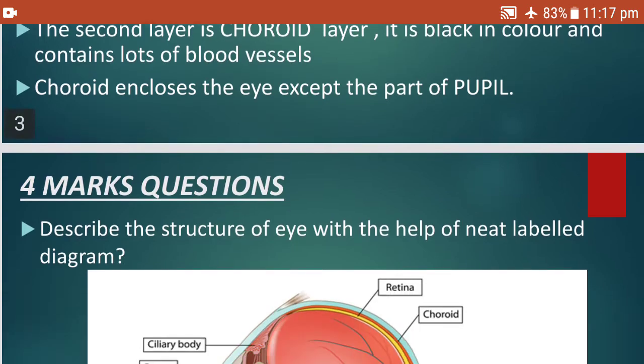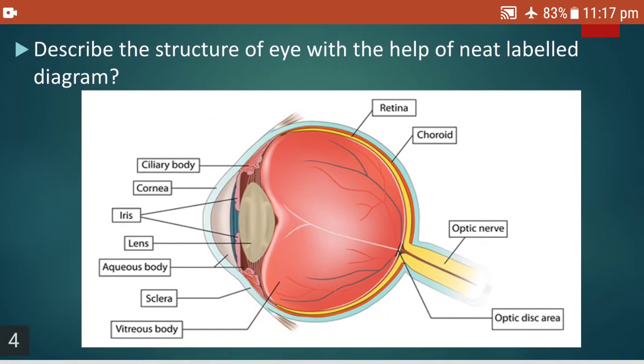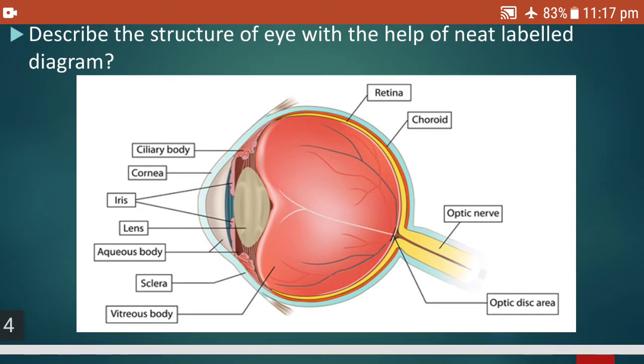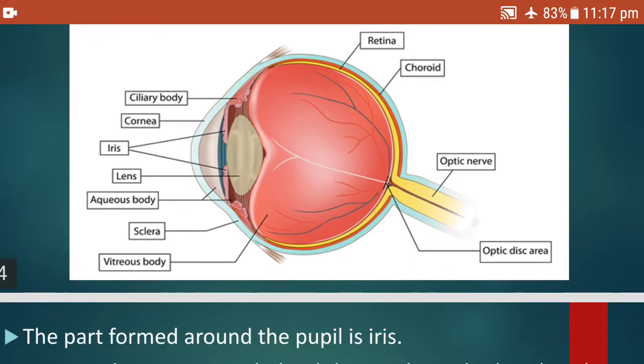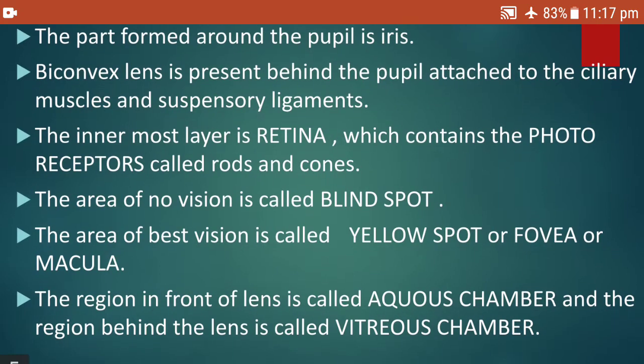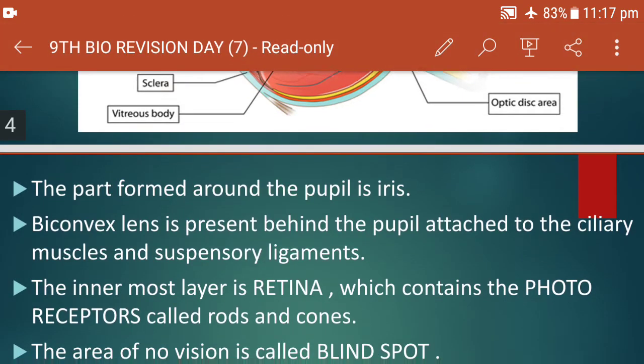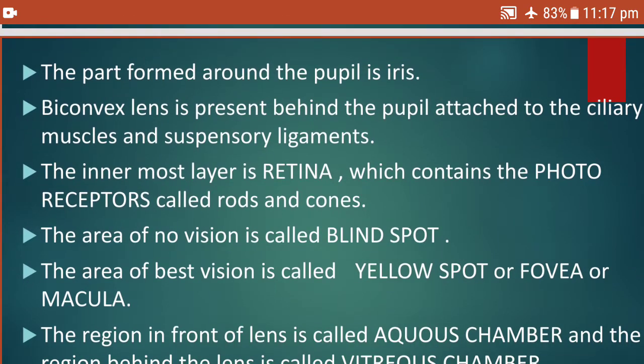The choroid encloses the eye except the part of the pupil. The pupil is the space from where light enters the eye, in front of the lens. The part formed around the pupil is the iris. The biconvex lens is present just behind the pupil, attached to the ciliary muscles and the suspensory ligaments.